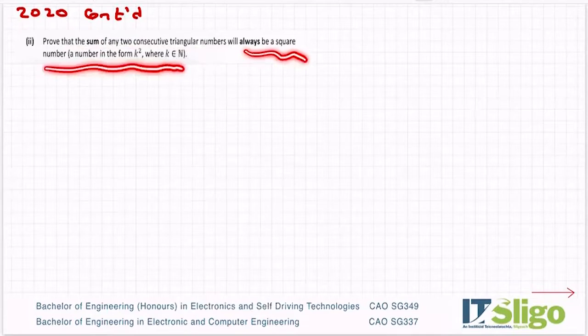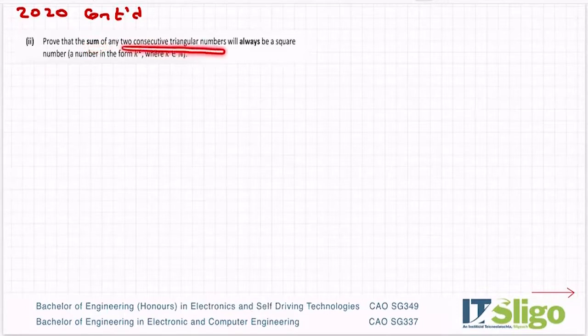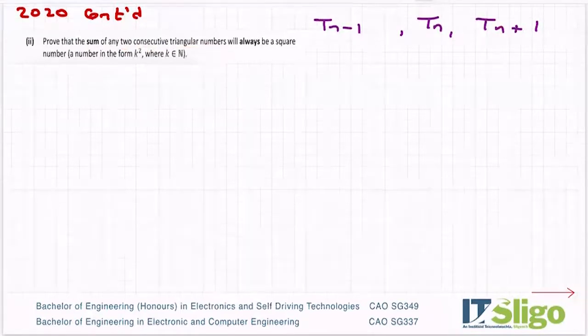Okay, so it says prove that the sum, which means add, of any two consecutive triangular numbers. Okay, so any two consecutive numbers, remember we had Tn plus 1, and of course before it we had Tn minus 1. So this is an example of one of those exam questions where they could ask you the question quite abstract and you have to make sense out of it.